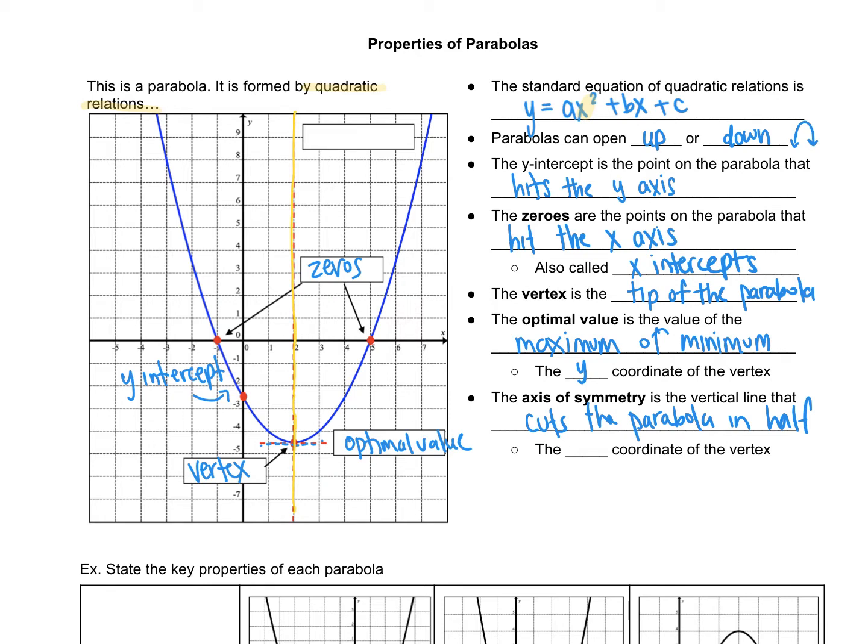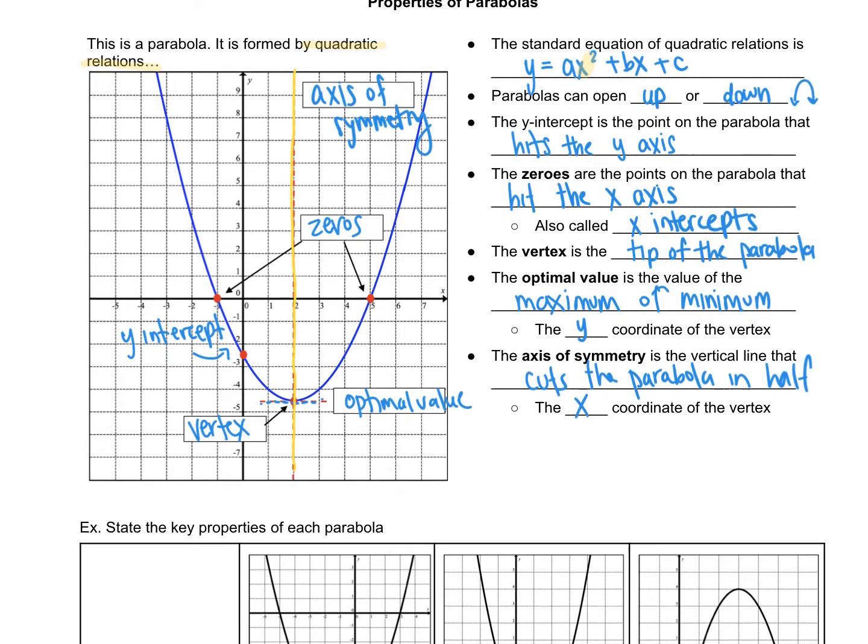So it would have the equation of x equals 2, and it matches with the x-coordinate of the vertex. So I will label this as the axis of symmetry. So let's take these new properties. Well, some of them are new, some of them are familiar, and let's apply them to a few different parabolas.